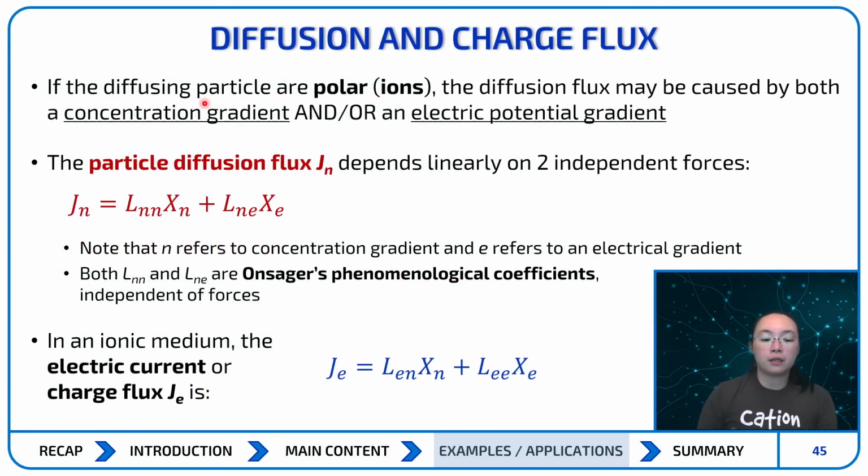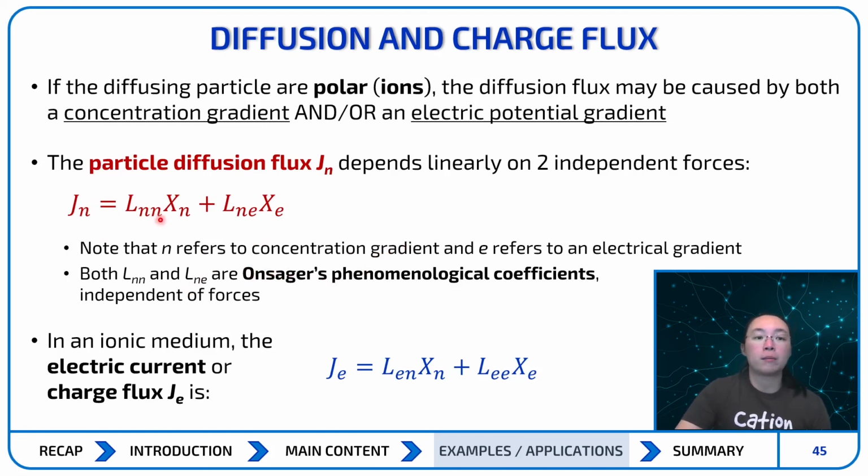If we have a diffusing particle that's polar, which means that there are ions involved, the diffusion flux isn't just going to be caused by a concentration gradient, but also potentially an electric potential gradient. So if we're taking a look at the particle diffusion flux, it has to depend on two forces. There's Jn for the total number of ions, basically the concentration gradient, n.